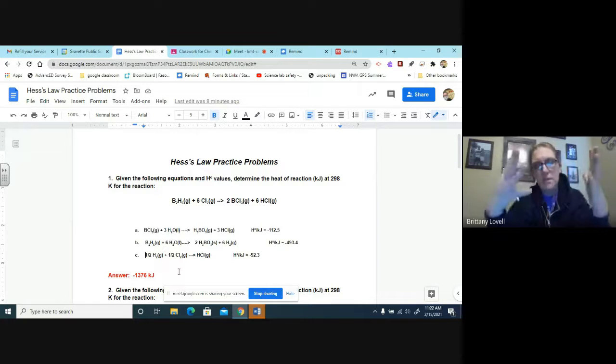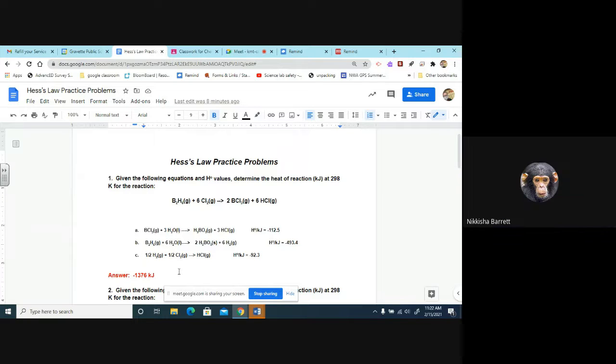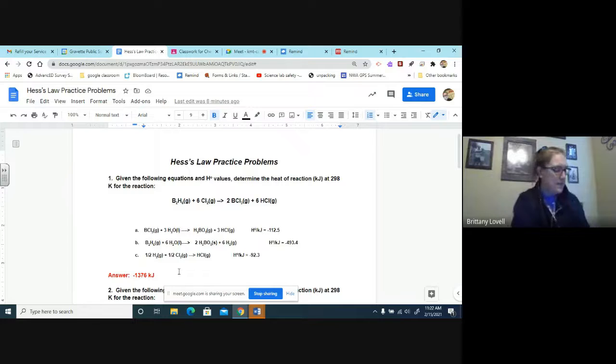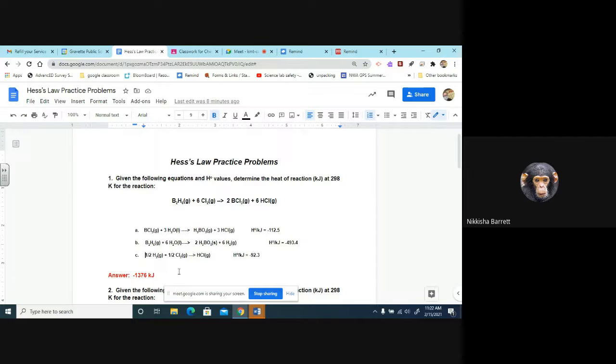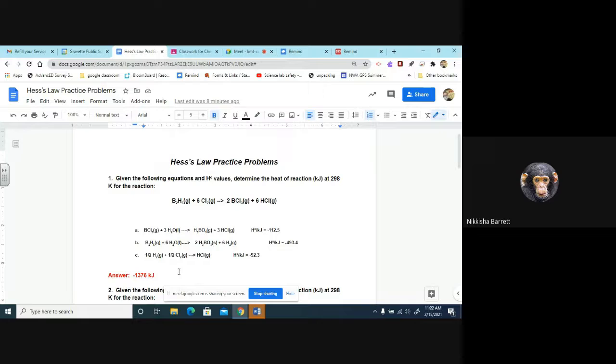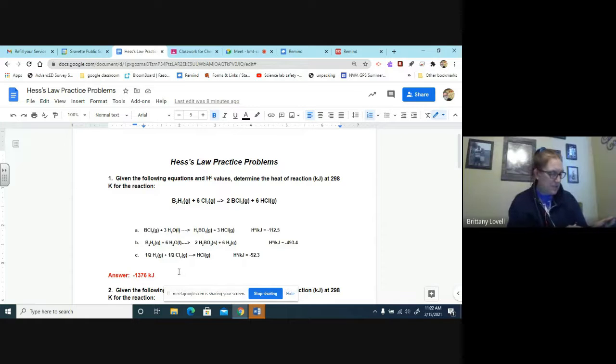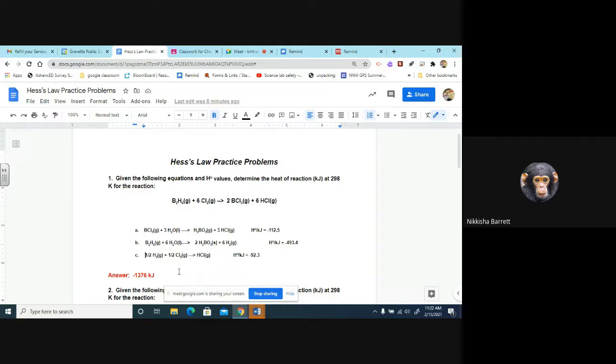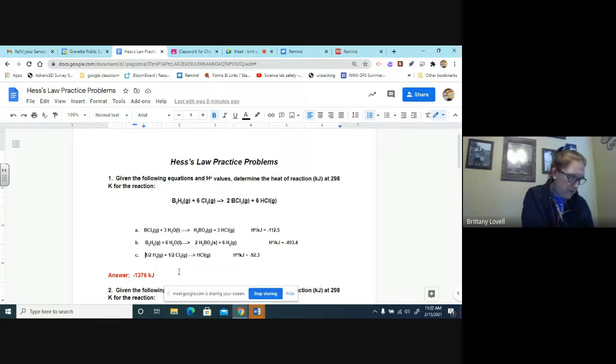If we multiply reaction C, all of it, by 12, that's going to end up being 6H2 plus 6Cl2 yields 12 HCl, right? And I'm going to go ahead and multiply that negative 92.3 by 12. So I end up with negative 1107.6, okay?